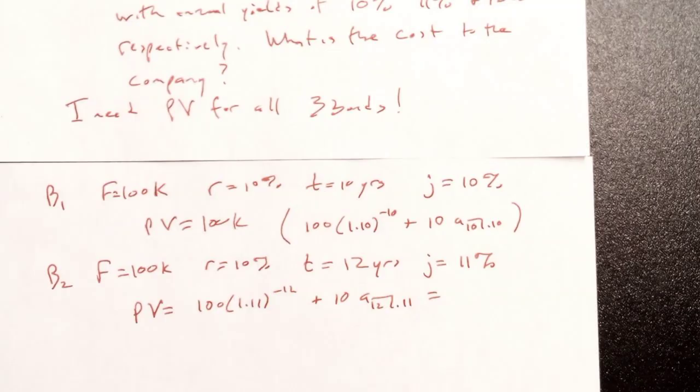I'm doing all my work in thousands. That's why I just called this 100 and a coupon of 10. But we're at 12 years and a yield of 11%.